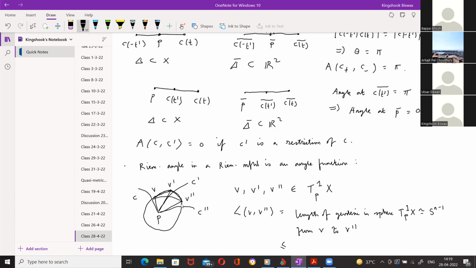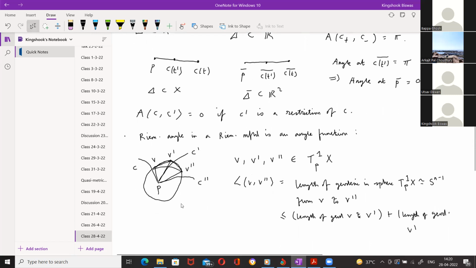This is less than or equal to the length of the geodesic from V to V prime plus the length of the geodesic from V prime to V double prime, and that is equal to the angle from V to V prime plus the angle from V prime to V double prime.